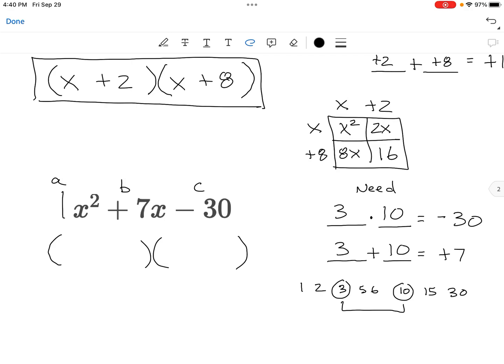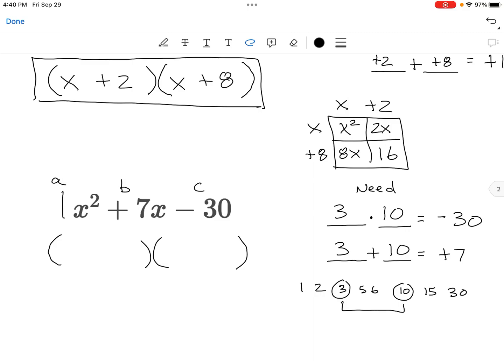But how do we make this work so that one of them is negative, or both of them are negative? Since we want negative 30, just one of them needs to be negative. If we make the 3 negative, and sometimes trial and error works, that will give us negative 30. Will it work down here? It actually will. Negative 3 plus a positive 10 gives you positive 7.